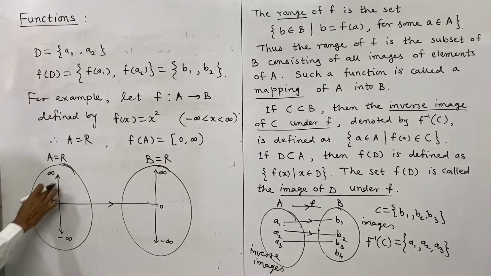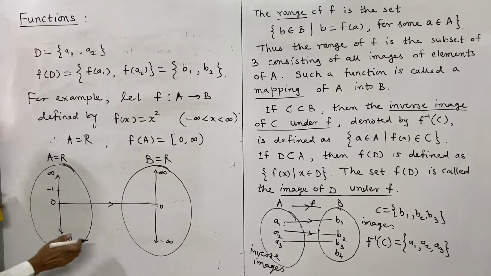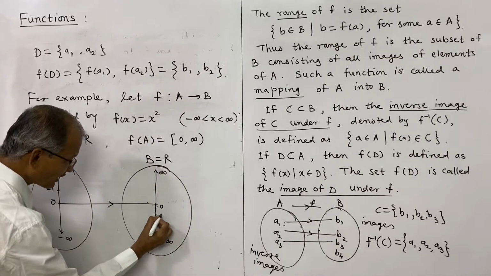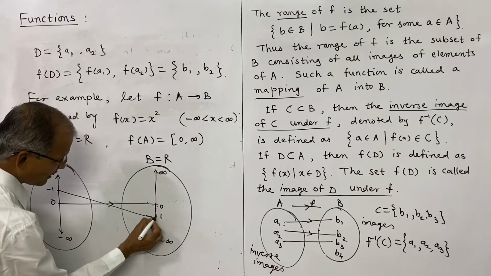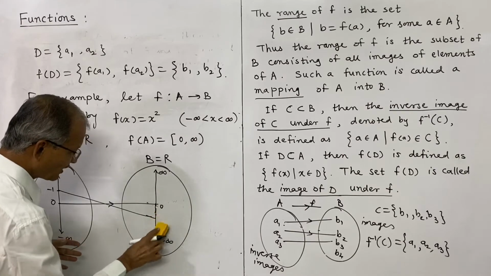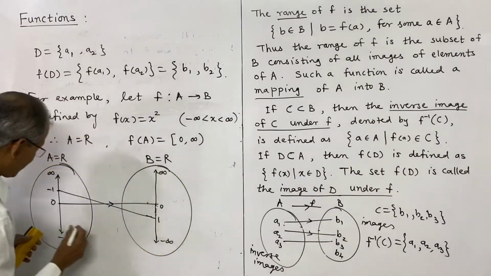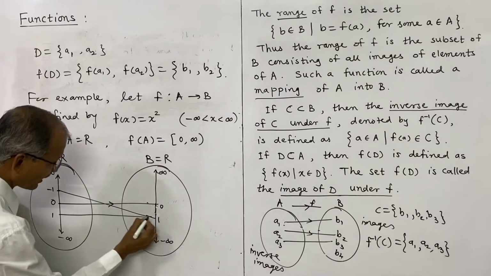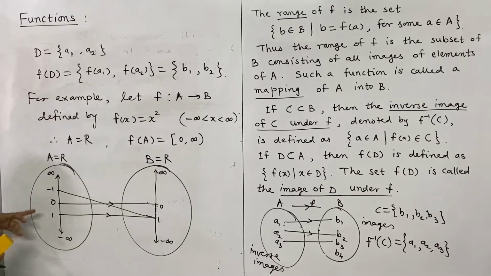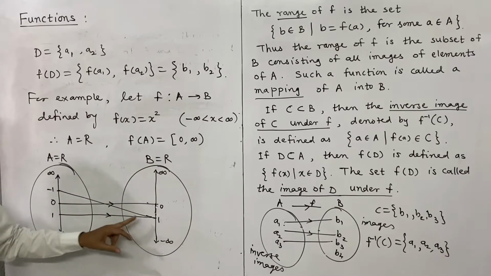The image of minus 1 square is plus 1, and therefore it will be 1 here. So the image of minus 1 is again 1, and the image of 1 is also equal to 1, and thus the image of minus 1 and 1 is the same. So this may happen.